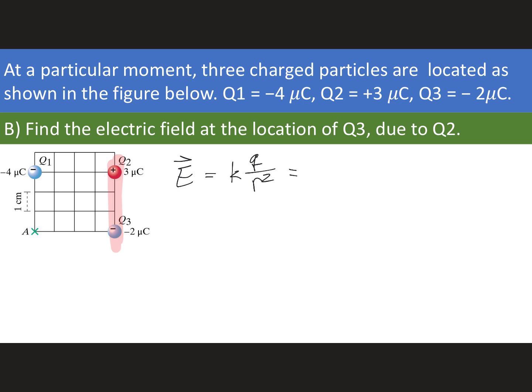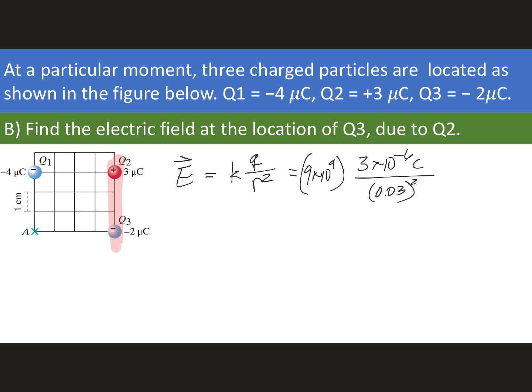Just assume that it's all magnitude there, so 9 times 10 to the ninth for that constant. And we have a positive 3 times 10 to the minus 6, that's what a microcoulomb is. And then that r squared distance, well, this is going to be 0.03 meters squared, because it's 1, 2, 3 blocks up, and they're all 1 centimeter, or 0.01 meters.